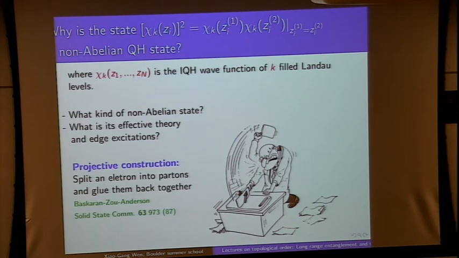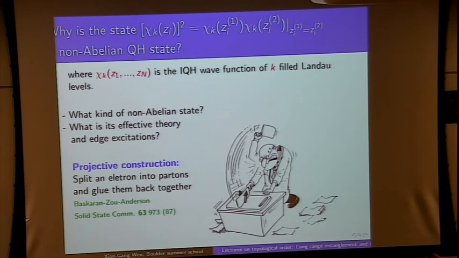We view this wave function as a product of two wave functions. The square is just writing them separately, and we view these two coordinates as independent coordinates. If these two coordinates are independent, then you have two kinds of particles, like partons. It's like cutting the electron into two parts. One parton has K filled Landau levels, and the second parton also has K filled Landau levels.